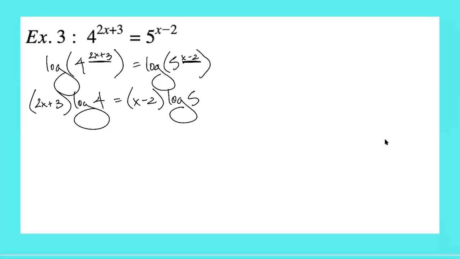Okay? Now, this structure right here, we're going to solve for x, and it's going to get a little bit messier before it gets better. So just be patient with the mess. It will clean up pretty well. So the first thing we're going to do is distribute this log 4 to both the 2x and the 3. And then we're going to distribute this log 5, x, and the negative 2.